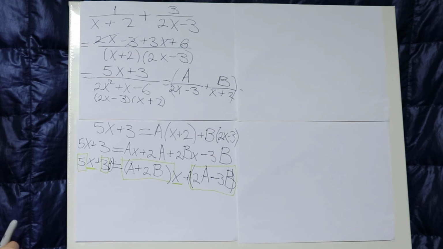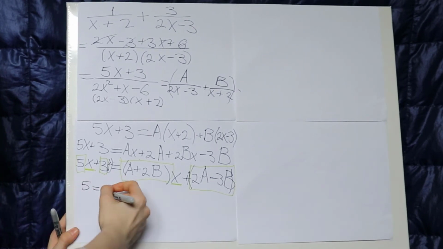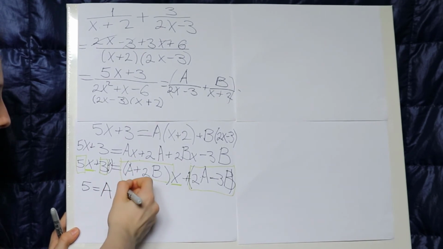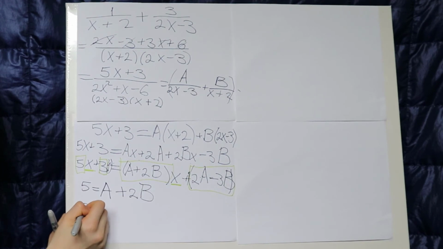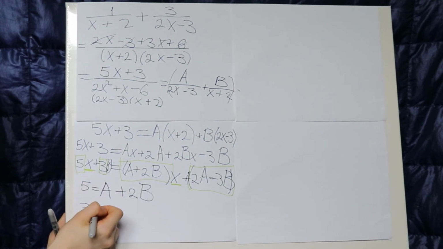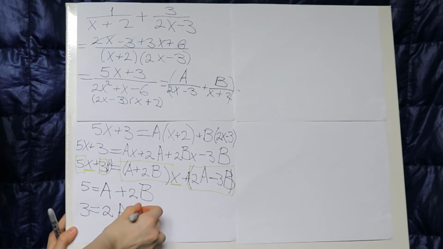And guess what? We can rewrite it like this. 5 equals a plus 2b, and 3 from here equals 2a minus 3b.